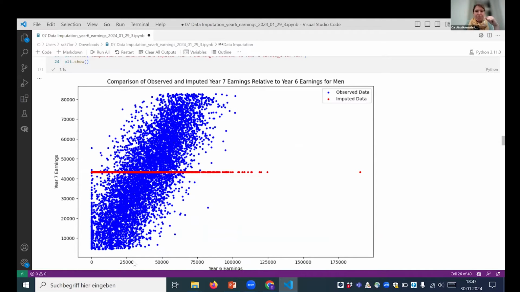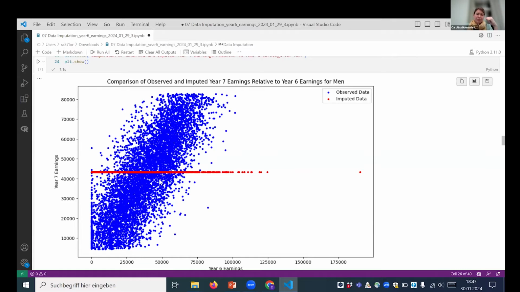And yeah, you can immediately see that something is off here. If we think about the imputed values, we might hope for values that look similar to the observed values here, at least in general. They shouldn't have a completely different form than the ones we see for the observed values.